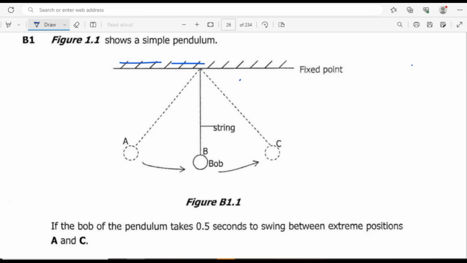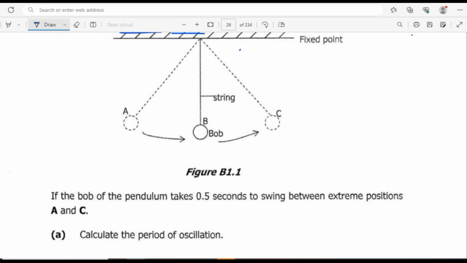Then the questions are, the first one, if the bob of the pendulum takes 0.5 seconds to swing between extreme positions A and C, so from A up to C, we can see that the time taken was 0.5 seconds.